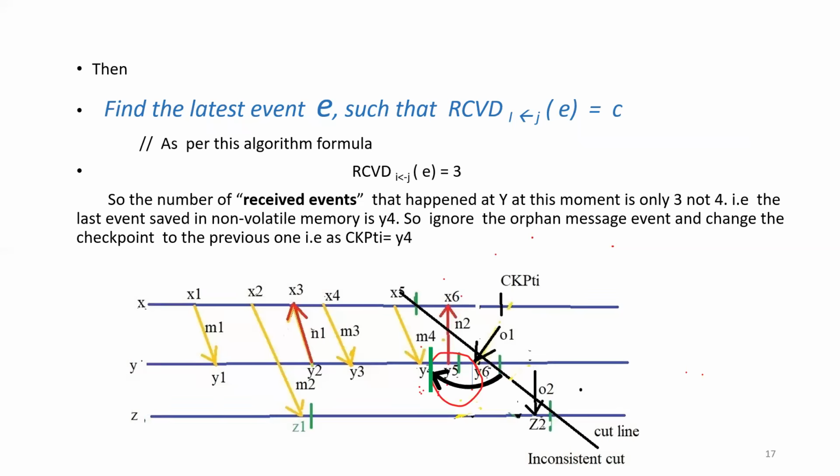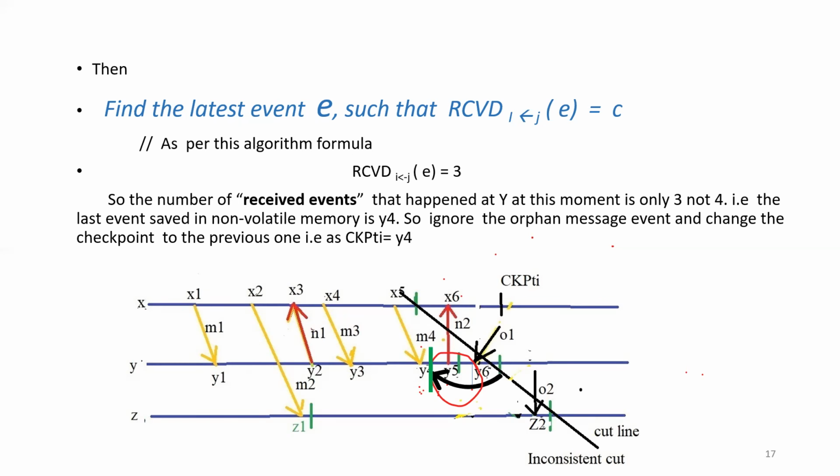The number of messages sent by the source process X should equal the number of messages received by the process at the checkpoint. So the number of receive events that happened at Y at this moment is only 3, not 4. That is, the last event saved in volatile memory is Y4. Here, take the events that happen in Y. What are the events that happen in Y? Y1, Y2, Y3, Y4, Y5, Y6.